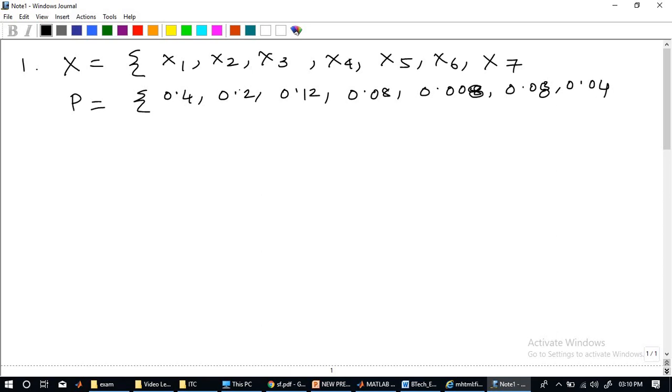So this is the sequence of symbols and the respective probabilities given.